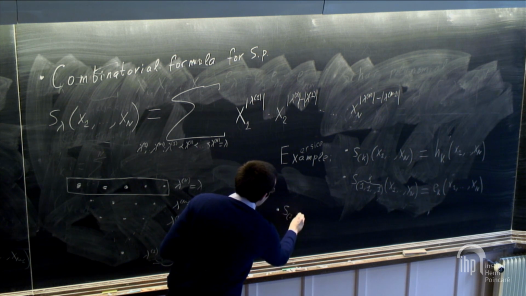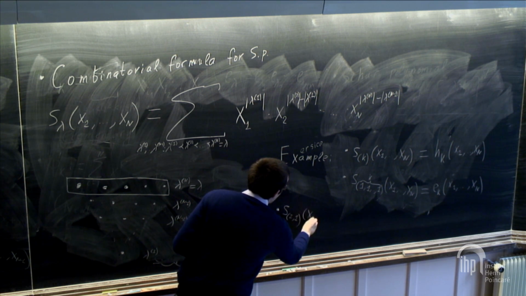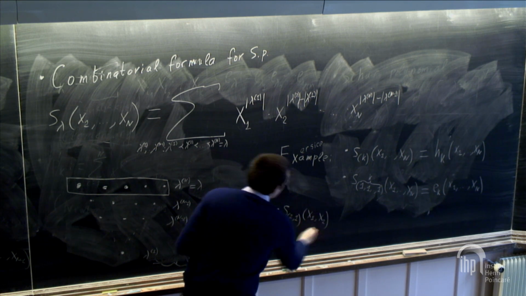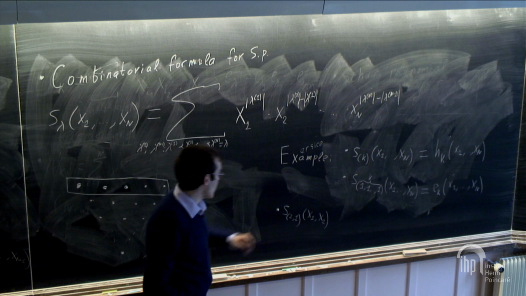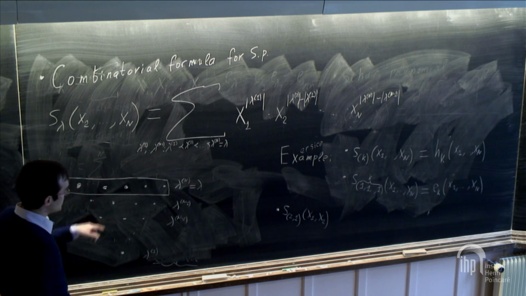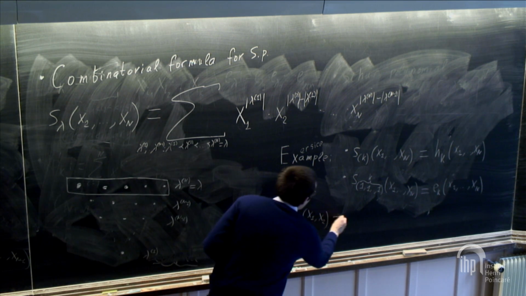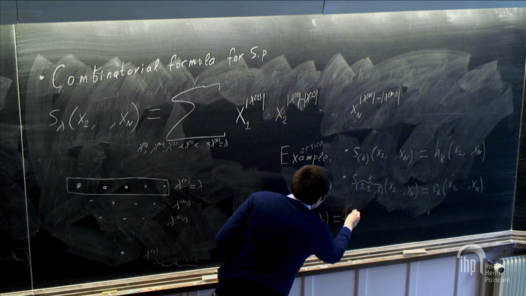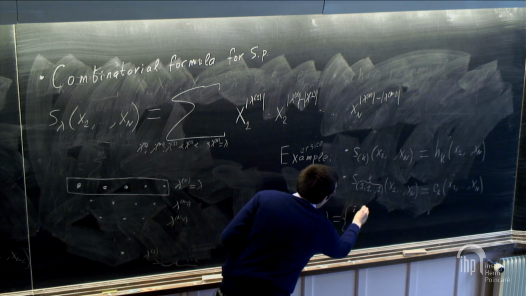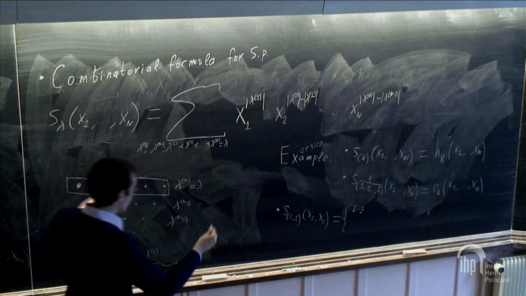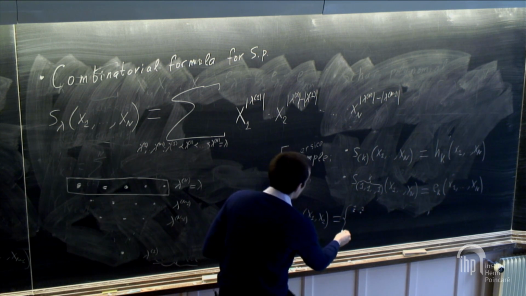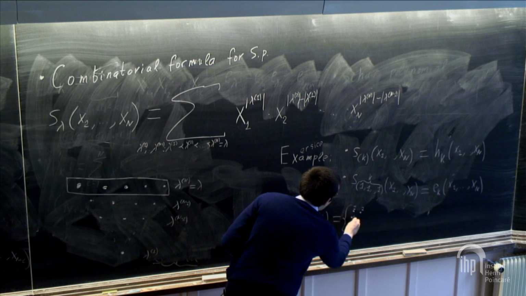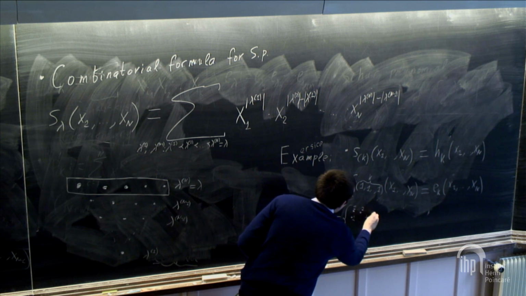For example, something like S21 of x1, x2. Let me compute S21. In order to compute this, I need to fix the signature (2, 1) and sum over all interlacing arrays which have 2 and 1 as the top row. Fortunately, I have only two of them.